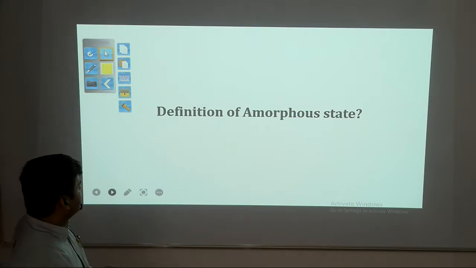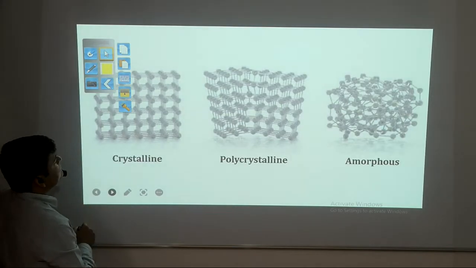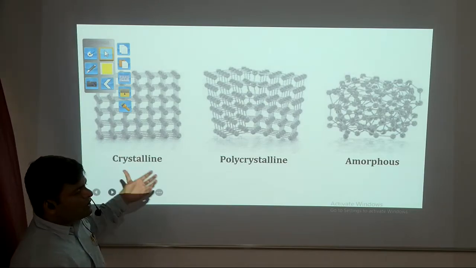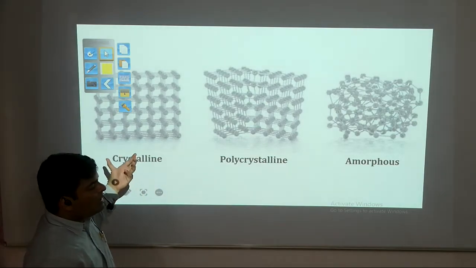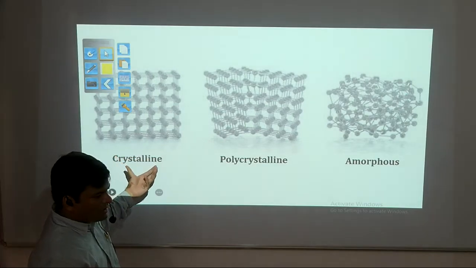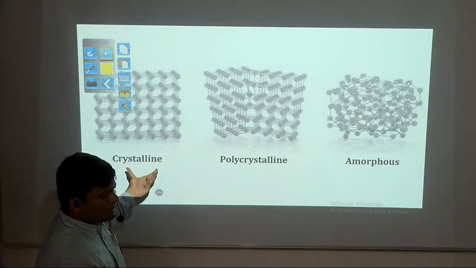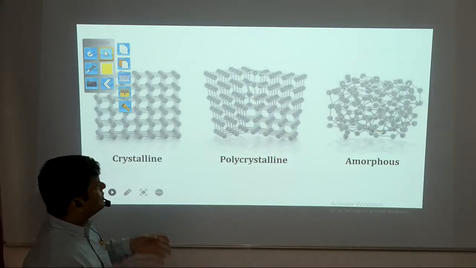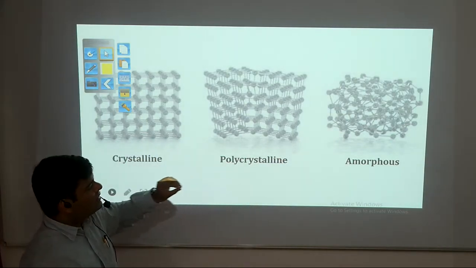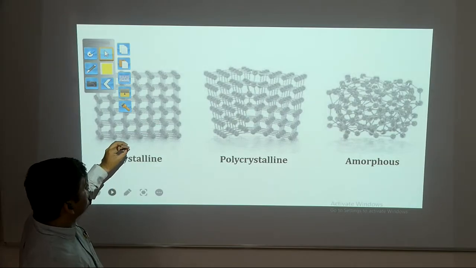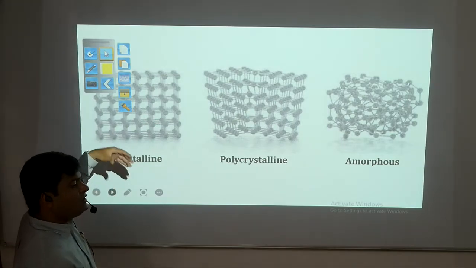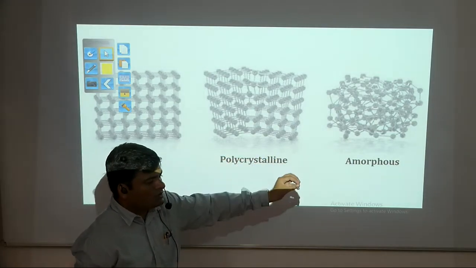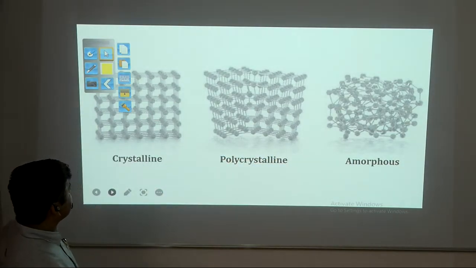From this figure, we can understand or visualize how the constituent particles are arranged in the crystalline, the polycrystalline, and amorphous solids in three-dimensional space.